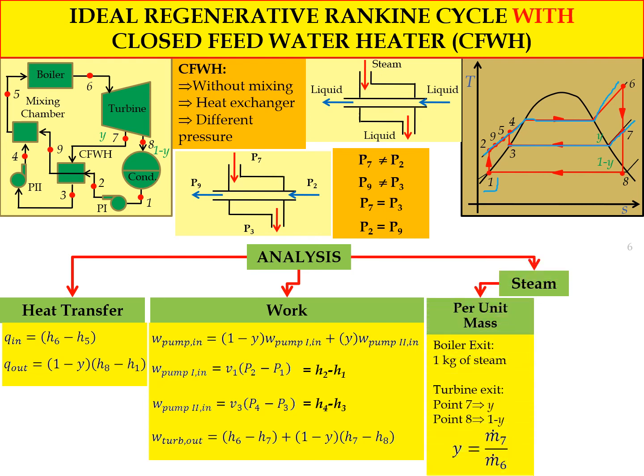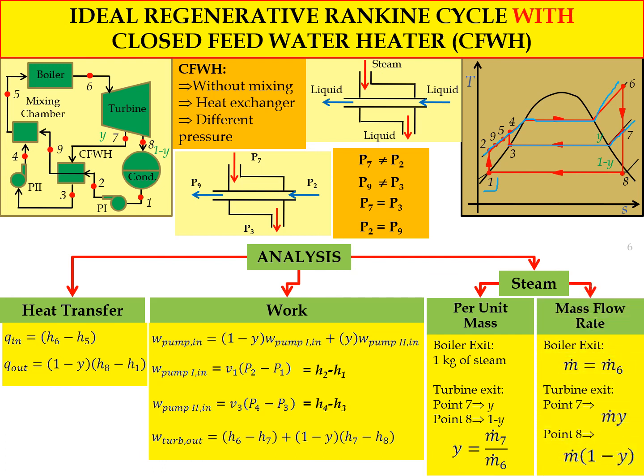Then we look into the steam analysis, which is the boiler exit of 1 kg of steam. So the turbine exit at state 7 is Y, and at state 8 is equal to 1 minus Y. Y here is the percentage. As you can see, Y is equal to the mass flow rate at state 7 divided by the overall mass, which is the output of the mass from the boiler at state 6.